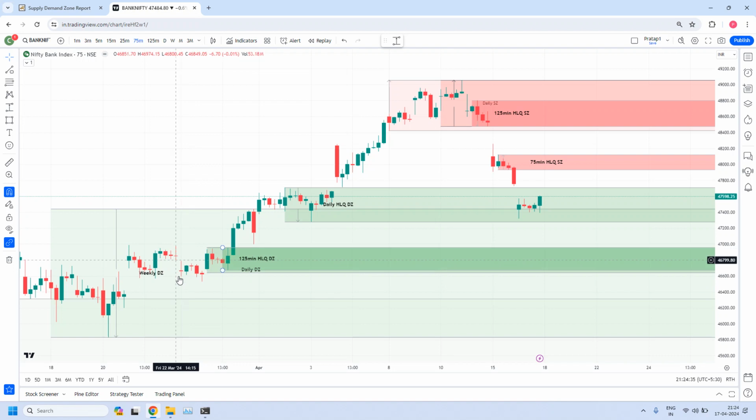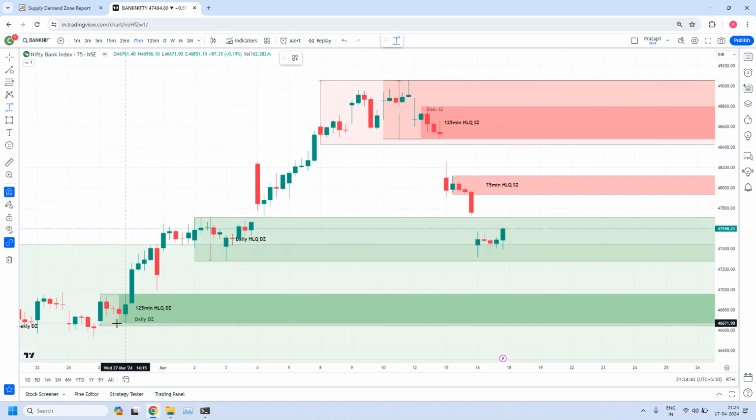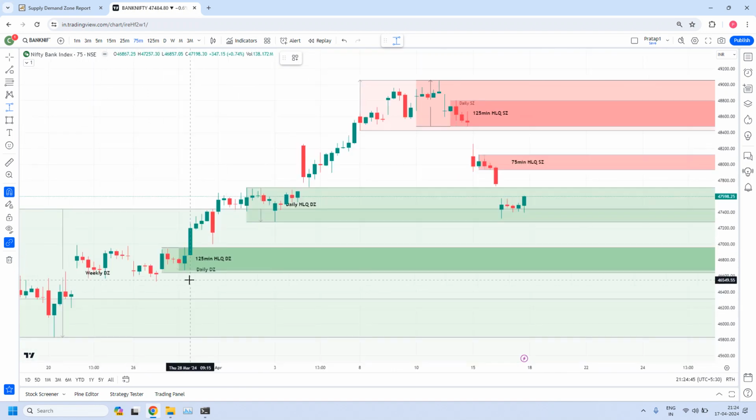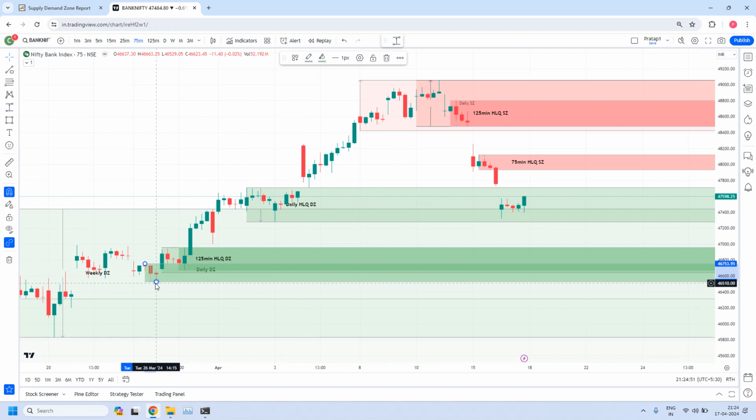Here we have a drop, 4 base candles. So the entire concentration is within this area.